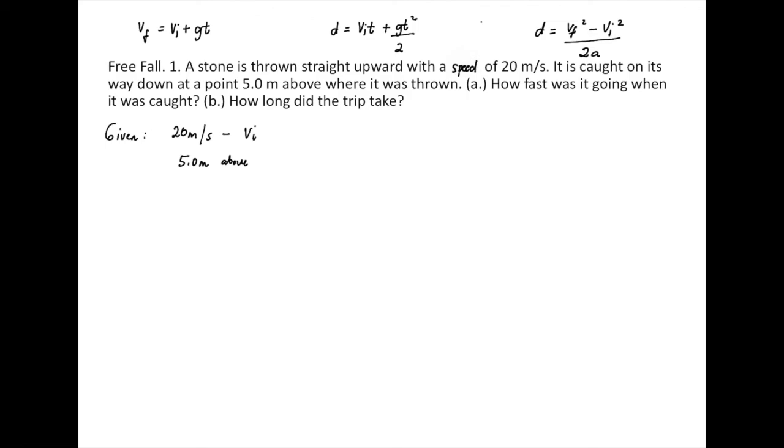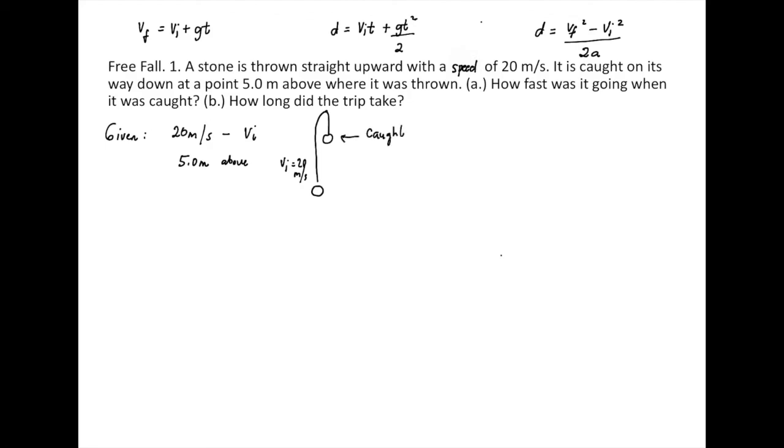Now, it will be useful for us to first draw the problem. Say for example, this was the ball, and it has an initial velocity of 20 meters per second, and it was caught somewhere here.